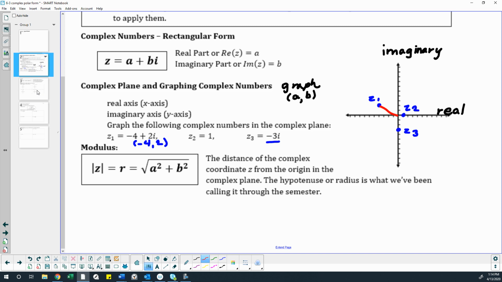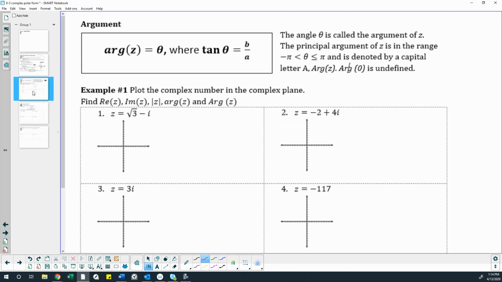Okay, and then the other item that's important with changing these to polar coordinates is what we call the argument. So the angle is called the argument, and there's just the general argument, which can be any angle theta, but the principal argument is always going to be between -pi and pi. So notice how it's equal to pi and not equal to -pi.